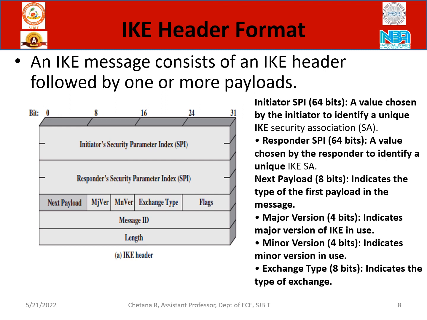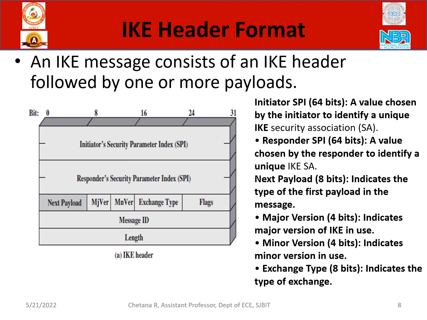First is the SPI, the Security Parameter Index. It has the indexing information, a value chosen by the initiator to identify a unique IKE security association, a number chosen. So that is the carried number, which carries this identity.